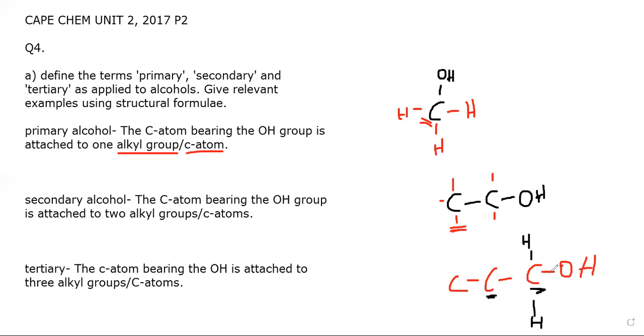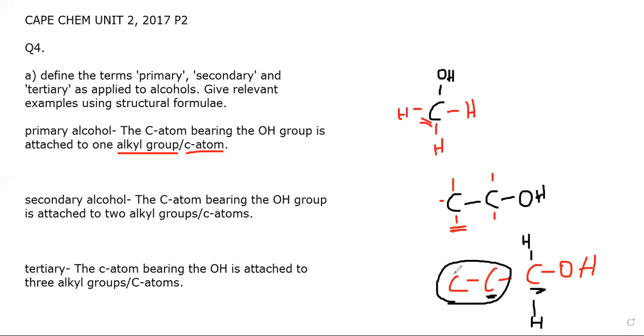So as you can see, for 1-propanol, the carbon bearing the OH group is directly attached to one carbon atom. If you want to say alkyl group, this is one alkyl group. So the carbon atom bearing the OH group is attached to one alkyl group, or you say it is attached to one carbon atom because it is directly in contact with one carbon atom.